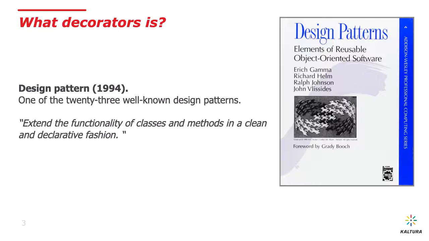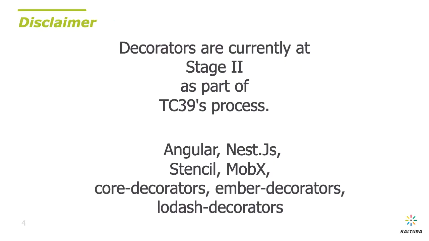See, it's not something new, it's very old, and if some of you work with Python, decorators came from Python into JavaScript, then to TypeScript. Now, disclaimer: decorators are not part of JavaScript, they are part of TypeScript, and they are in stage 2 of the TC39 proposal process, if somebody is familiar with this.